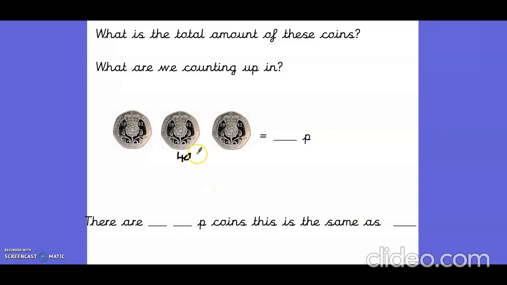So now we need to do 40, add another 20p. Let's count up together. 40, 50, 60. So all together we've got 60p. So there are 3 20p coins, and this is the same as 60p. Brilliant work.